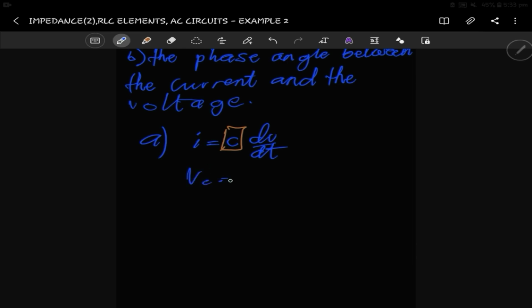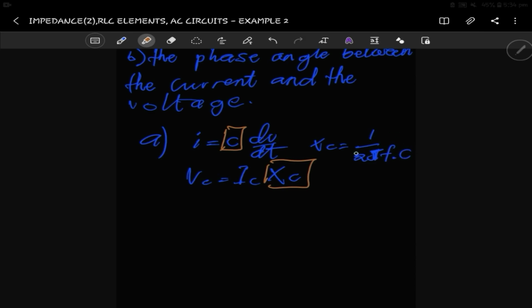V_C is equal to I_C times X_C, right? And our capacitance appears in this one because we have X_C equal to 1 over 2 pi F C. So our C appears here.